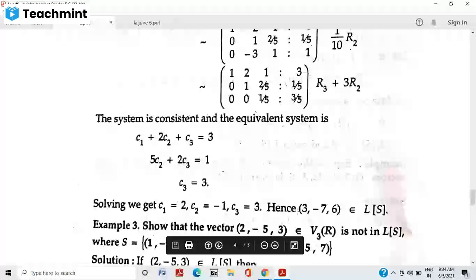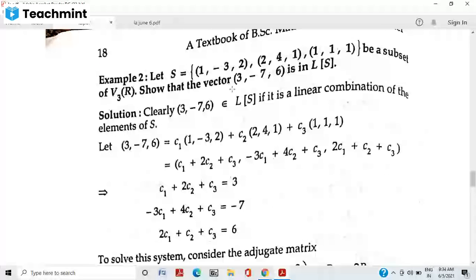I'll repeat that, how we have done. First, we should write (3, -7, 6) as a linear combination of the elements (1, -3, 2) and (2, 4, 1) and (1, 1, 1).